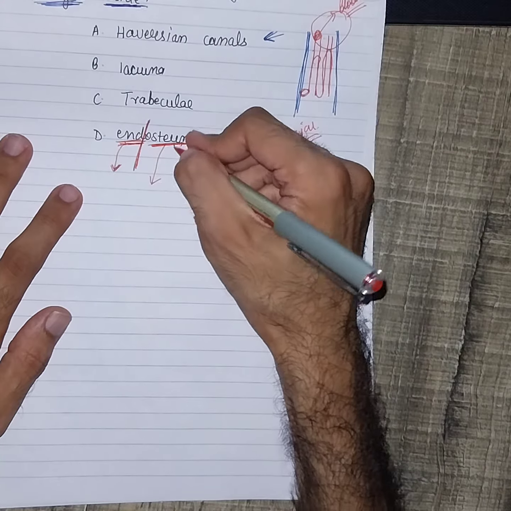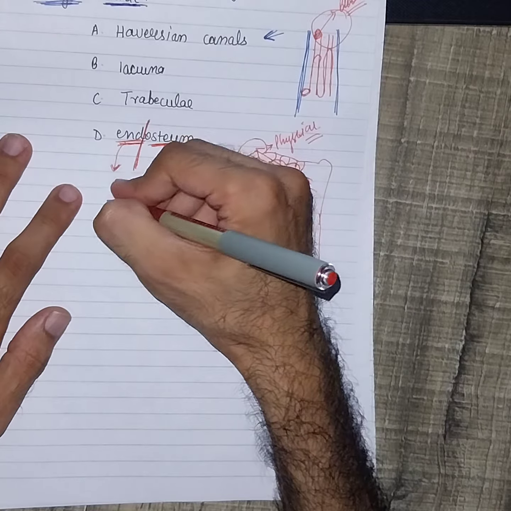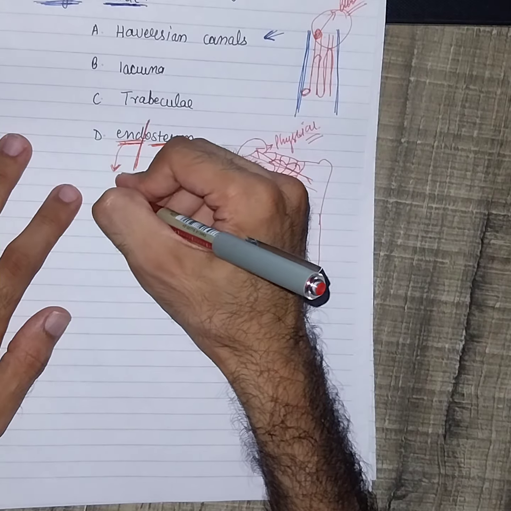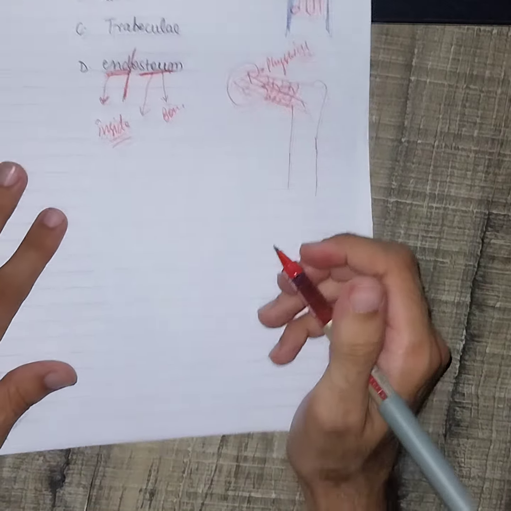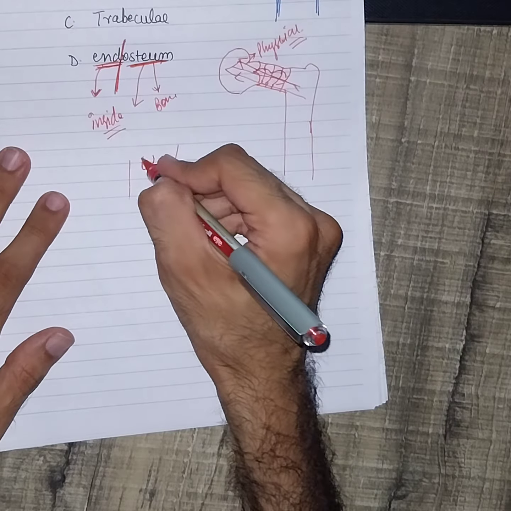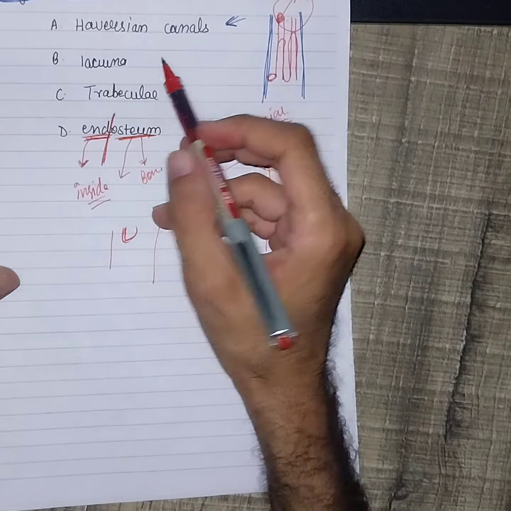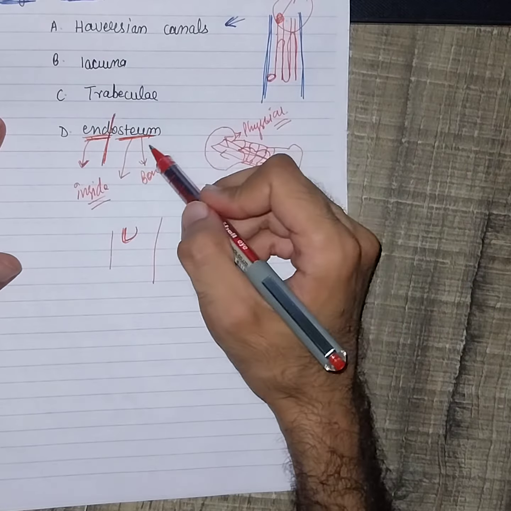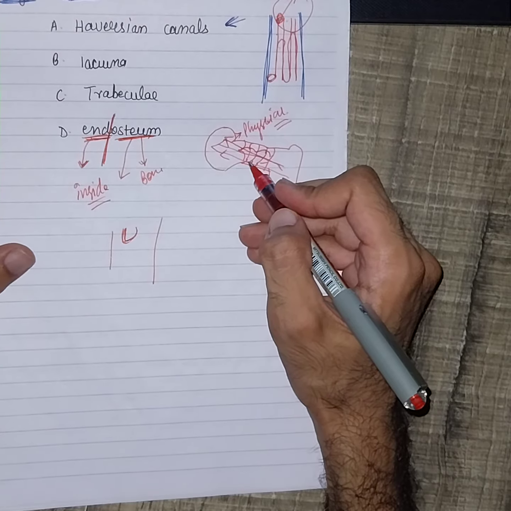It will help you remember that osteum is the bone, and the prefix endo describes inside. So the endosteum is responsible for the lining of cells inside the bone. Again, the first option was the Haversian canal, second was the trabeculae, and third was the endosteum. All of these structures reside inside the bone.